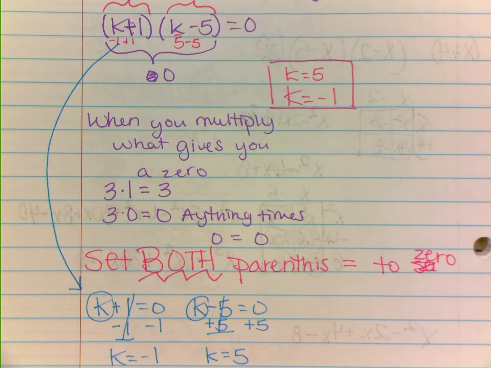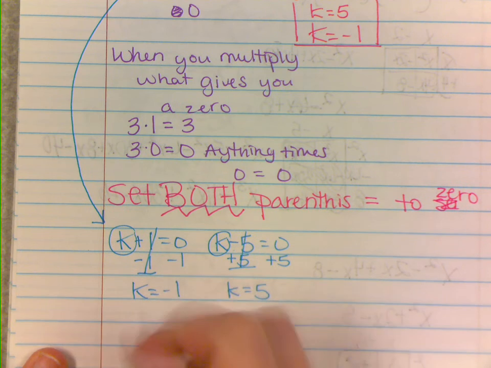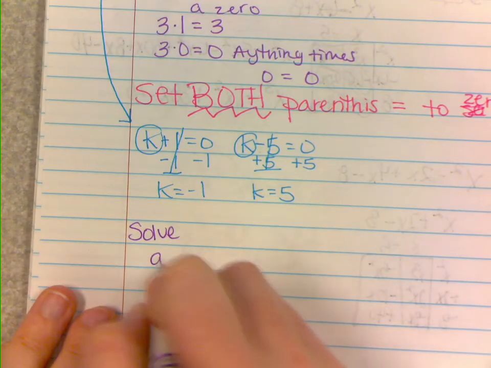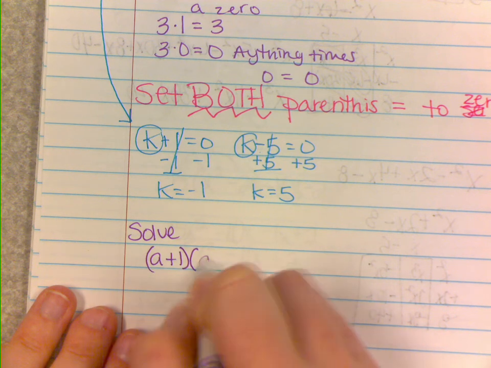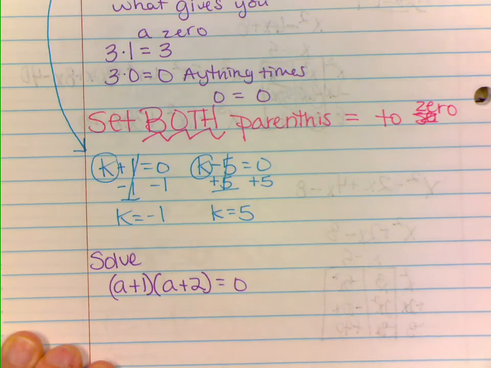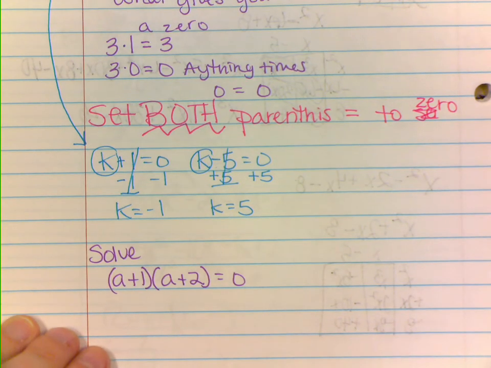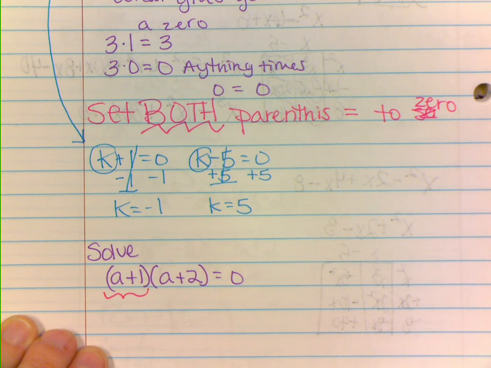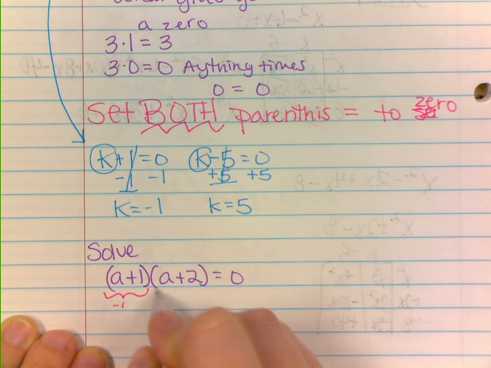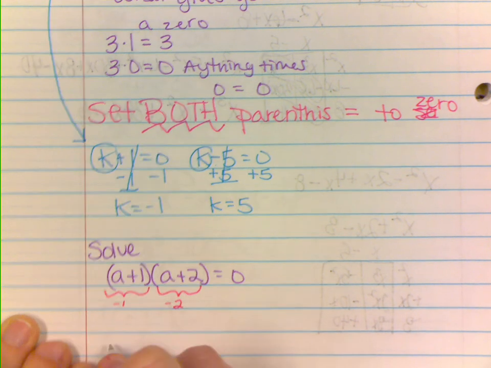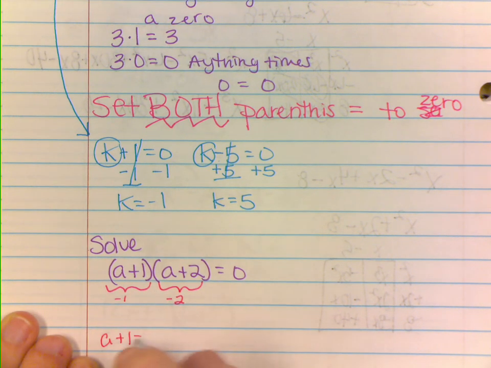Okay, let's do another one. So again, there's 2 answers. If I said solve, then I had (a plus 1)(a plus 2) equals 0. What would make this parentheses right here equal to 0? Negative 1. What would make this parentheses equal to 0? Negative 2. Or, if you're unsure, set them both equal to 0.